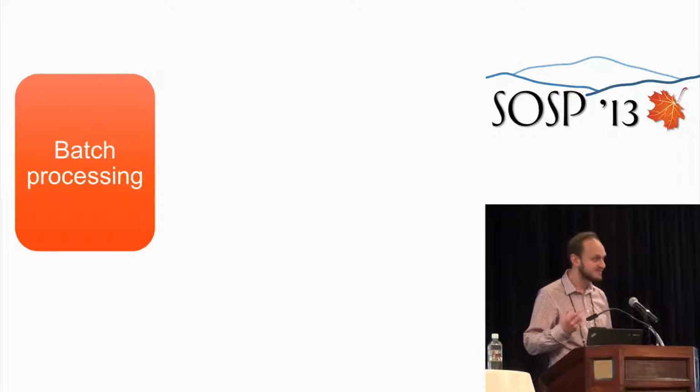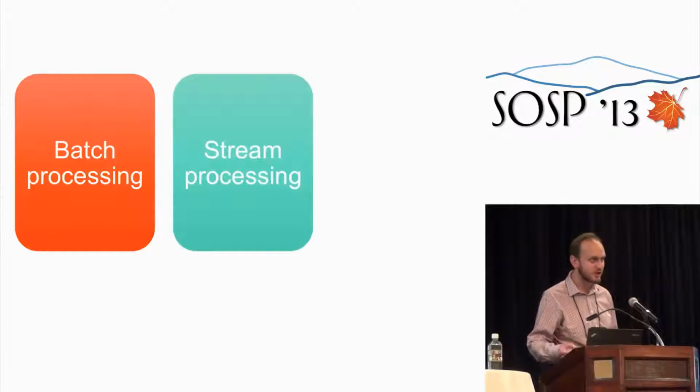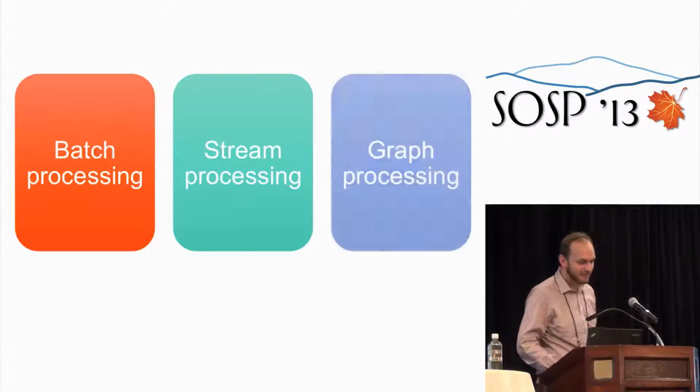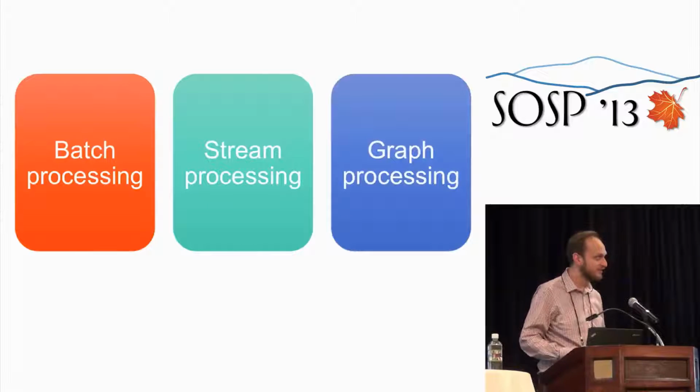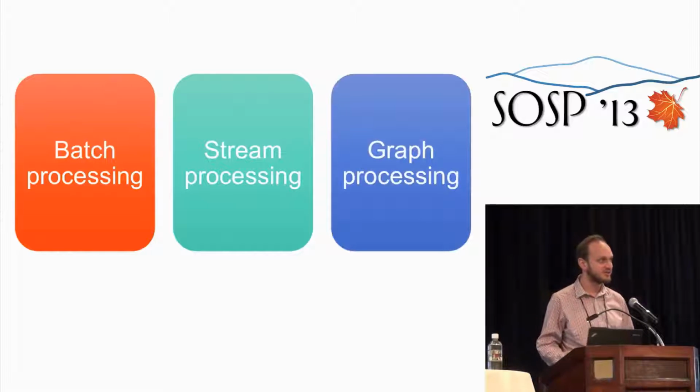And these are based on the stateless, deterministic, and synchronous task execution model. We have stream processing systems like Storm, Seep, Millwheel, TimeStream, and the like that use an asynchronous streaming model.